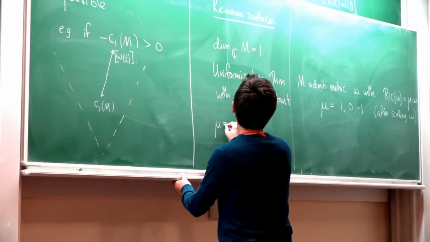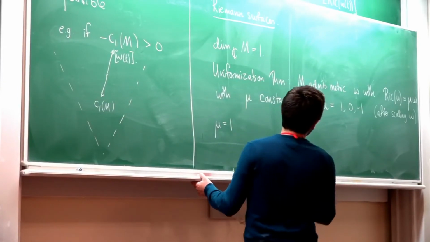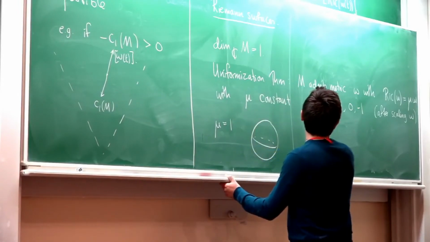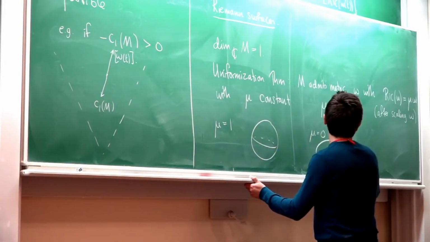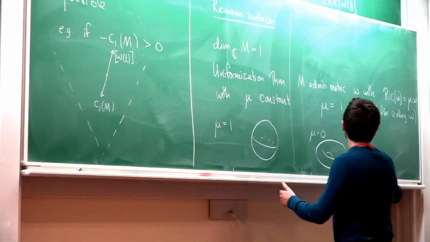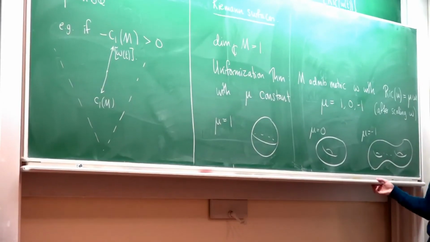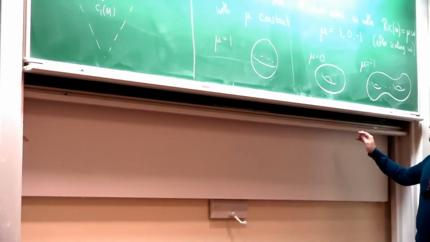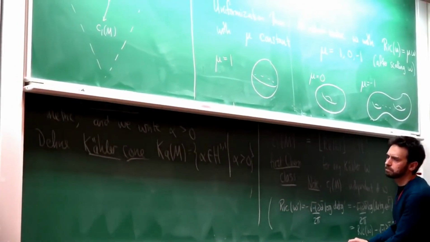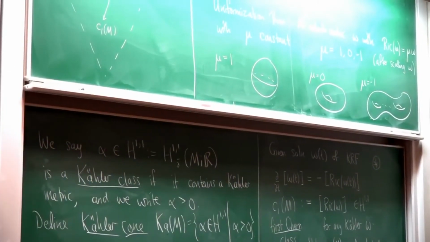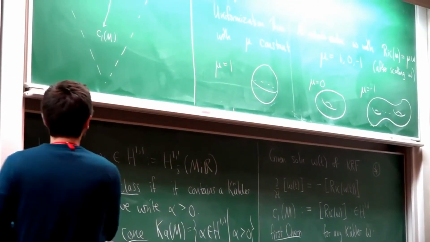And we know that the case mu is 1, the positive curvature, corresponds to the sphere, topologically the sphere. Mu is 0 corresponds to a torus, and mu is negative 1 would correspond to a surface of higher genus. Okay. The case of dimension 1, the Kähler cone is not very interesting.